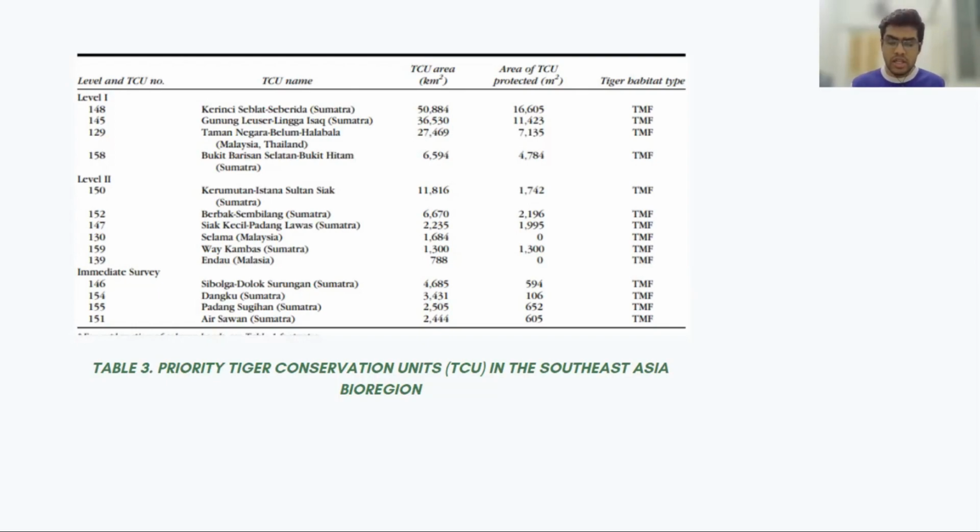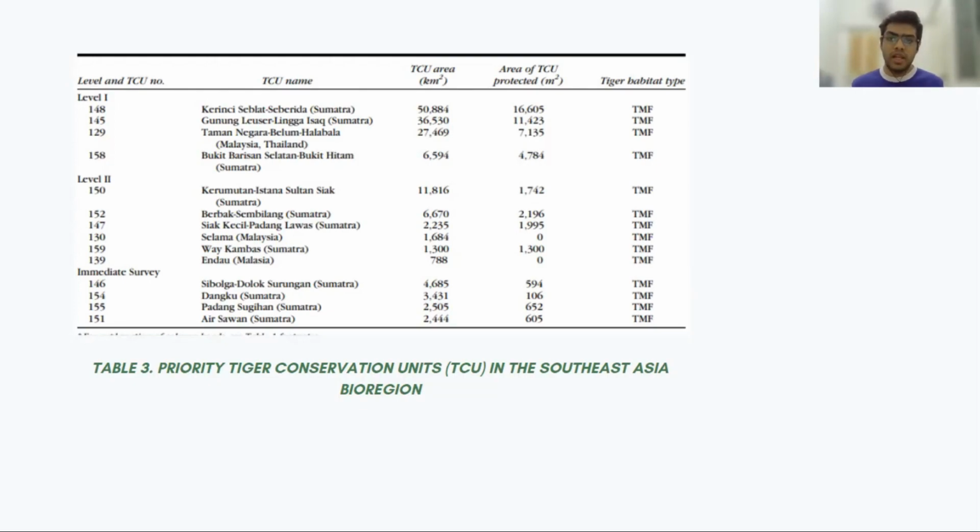However, the 14 priority TCUs, which are in level 1 and level 2, do not contain any TCU protection. In level 2, these are Selama and Endau, which are both in Malaysia.